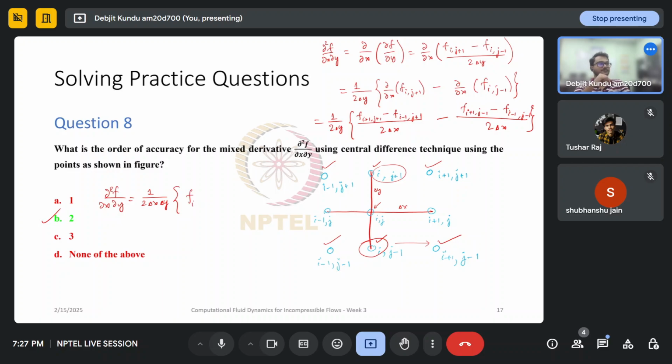So I have f(i+1, j+1) minus f(i-1, j+1) minus f(i+1, j-1) plus f(i-1, j-1). That's all. And obviously these are both second order accurate because I took nothing but central difference using 2 points.